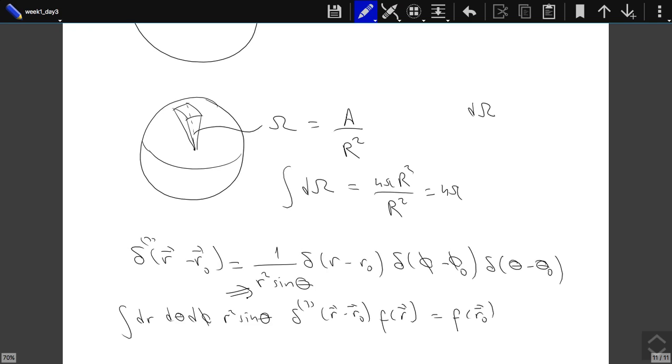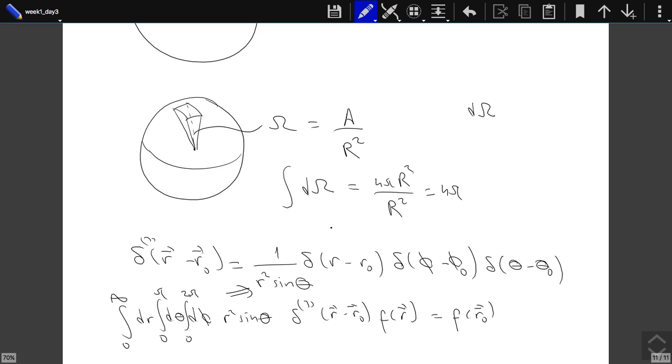Now, there's one possible issue. What if r0 is at the origin? r0 can be at the origin. There's no problem with that. And the integral should still be 1. But if you look at the r integration, it goes from 0 to infinity. The theta integration goes from 0 to pi. Phi goes from 0 to 2 pi.